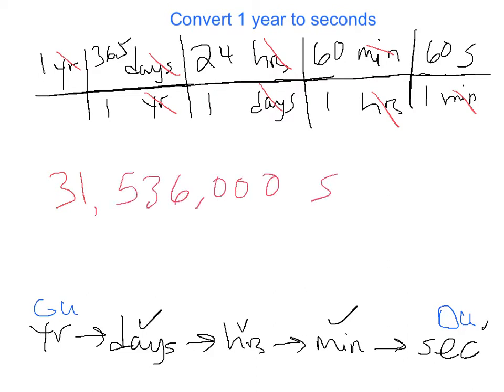We know that's not right. We only need one significant figure, so it's actually just 30,000,000 seconds. Or in scientific notation, it's 3 times 10 to the 7th seconds.